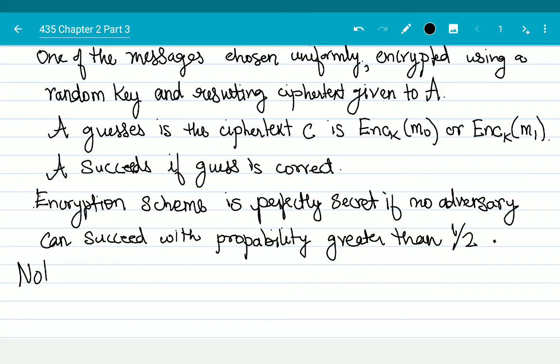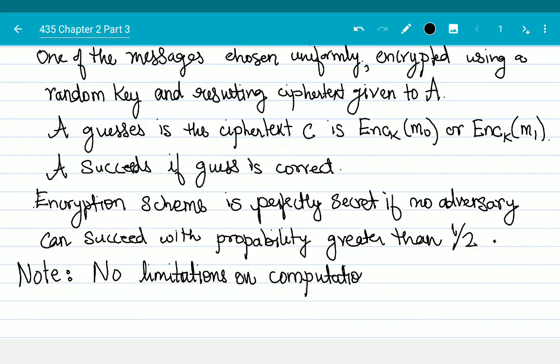Note, we are not putting any limitations on the computational power of A.